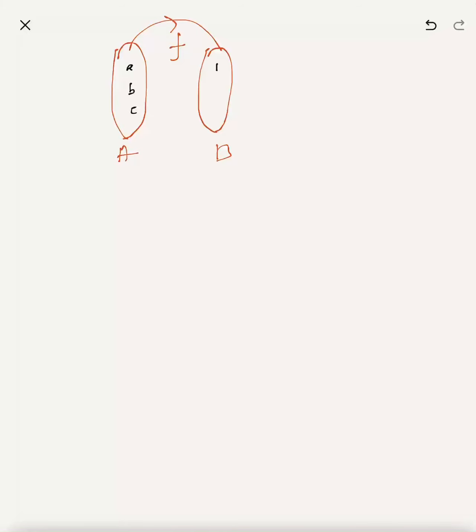Here you have 1, 2, 3, 4. a has f image 1, b has f image 2, and c has f image 3. Here in set B one element is left, that is 4.